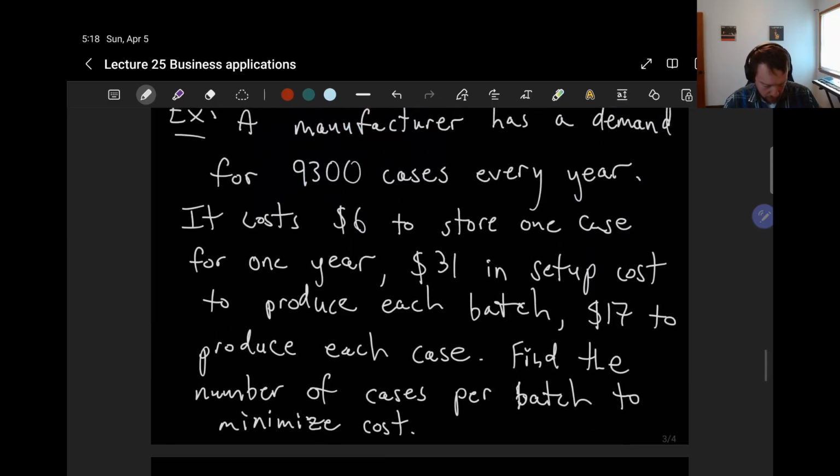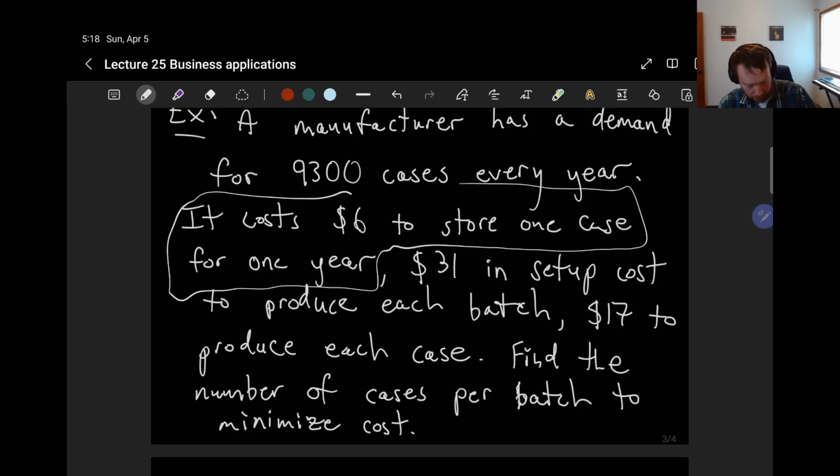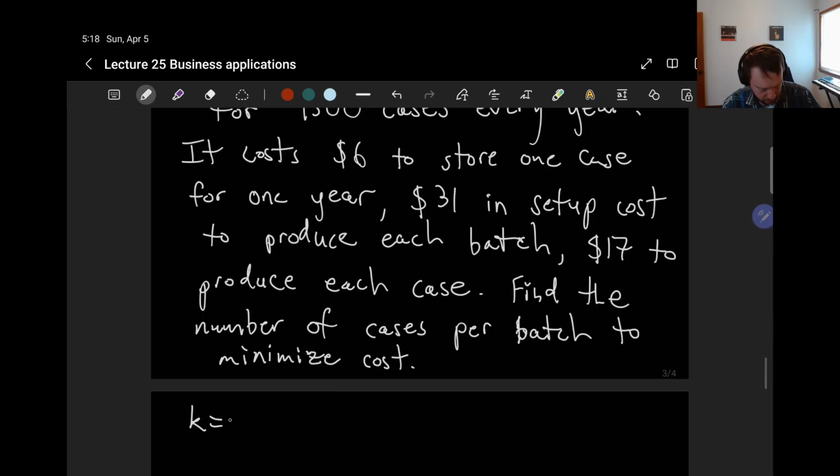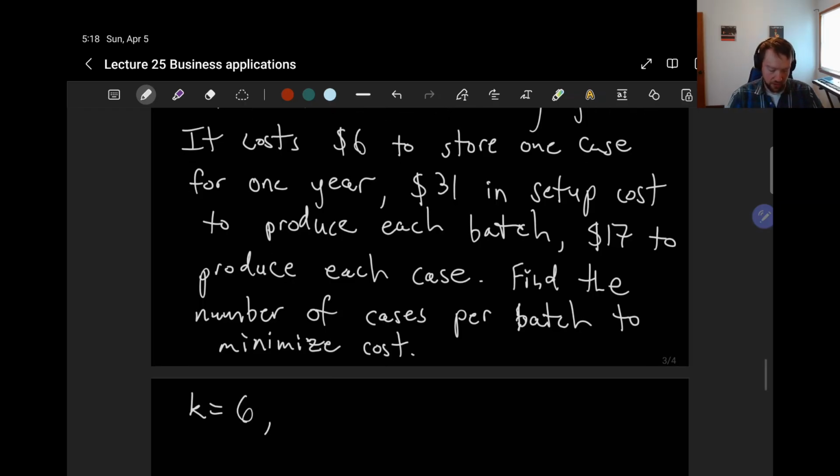All right, so the first letter I listed earlier, I'll start there with K. That was that main little part of the storage cost, which was the cost of storing 1 unit for 1 year. Well, we see that right there. So K is 6. It's how much it costs us to store 1 case of honey for a year.